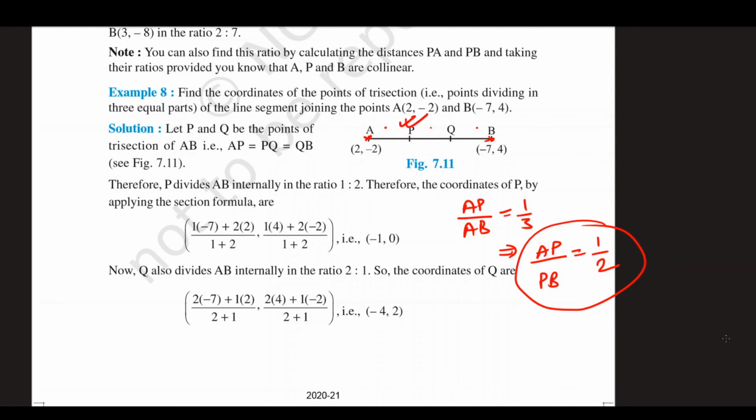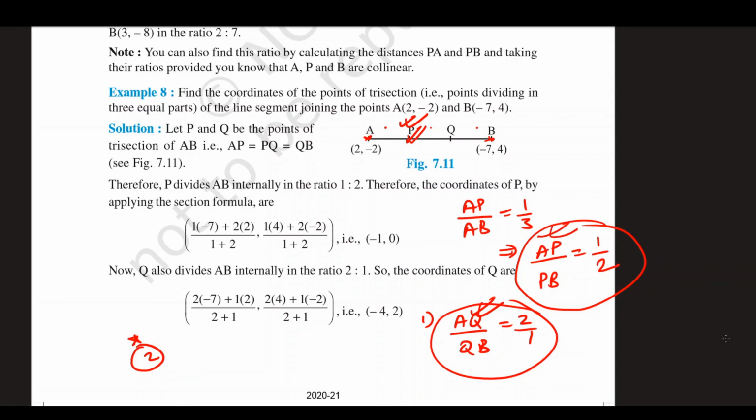Now there are two ways. The first way is, we know that AQ upon QB is 2:1, so use this. The second way, which is maybe a better way, is this: we have calculated P, so we know the coordinates of P and B. Now just take the midpoint.